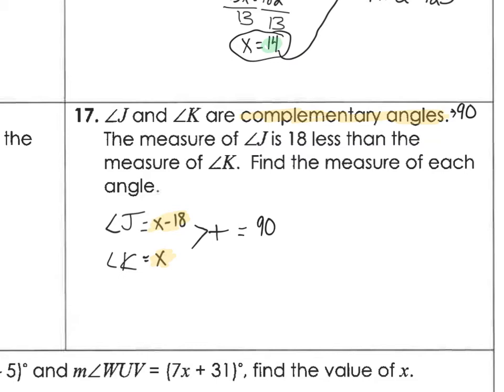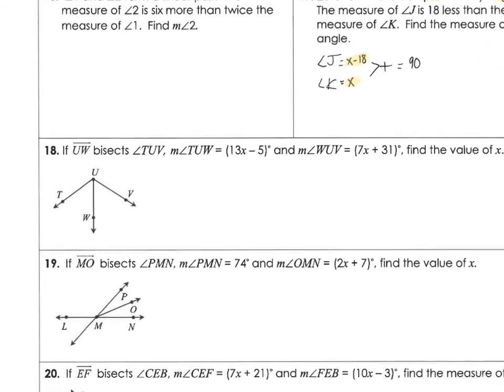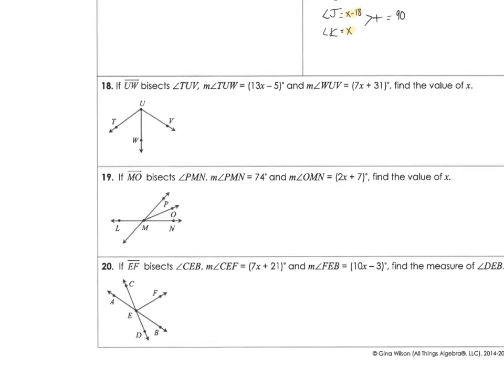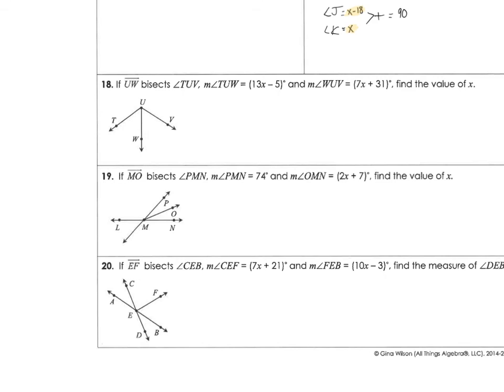Okay. Those of you in class, we're going to go down to 18 and take a look. If UW bisects TUV and TUW, okay, so it's saying that this line right here bisects this.